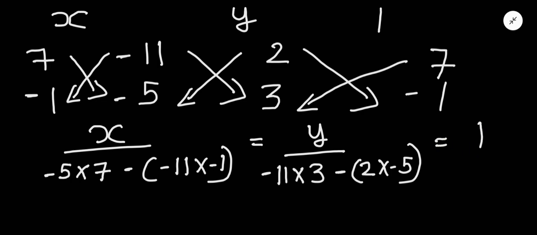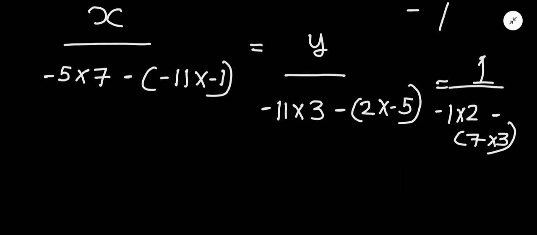And in the last, 1 over 2 into minus 1, 7 into 3. So here x is equal to minus 35 minus, so minus is plus, so we are left with 11.